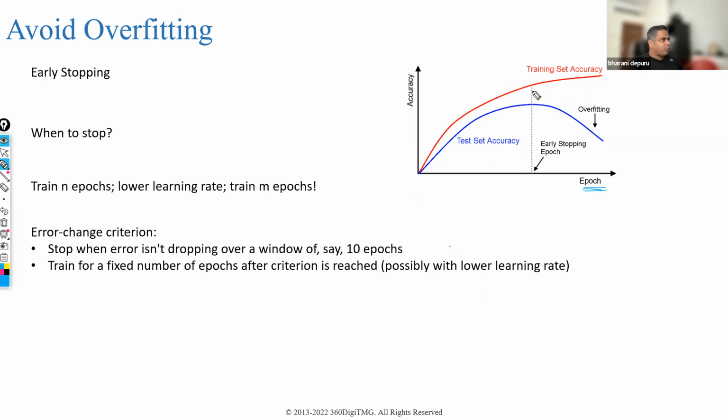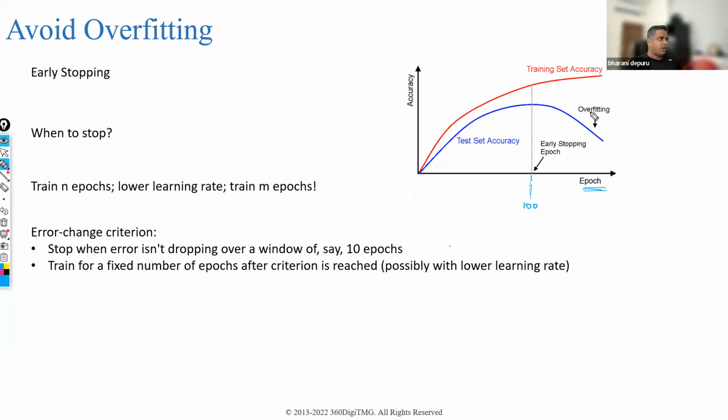Until the point where both your training accuracy and test accuracy increase, it is fine. But if you increase the number of epochs beyond this point, say 100 epochs, if you make 110 epochs, 120 epochs, etc., then as your epochs increase, your training accuracy will increase, but your test accuracy will start decreasing.